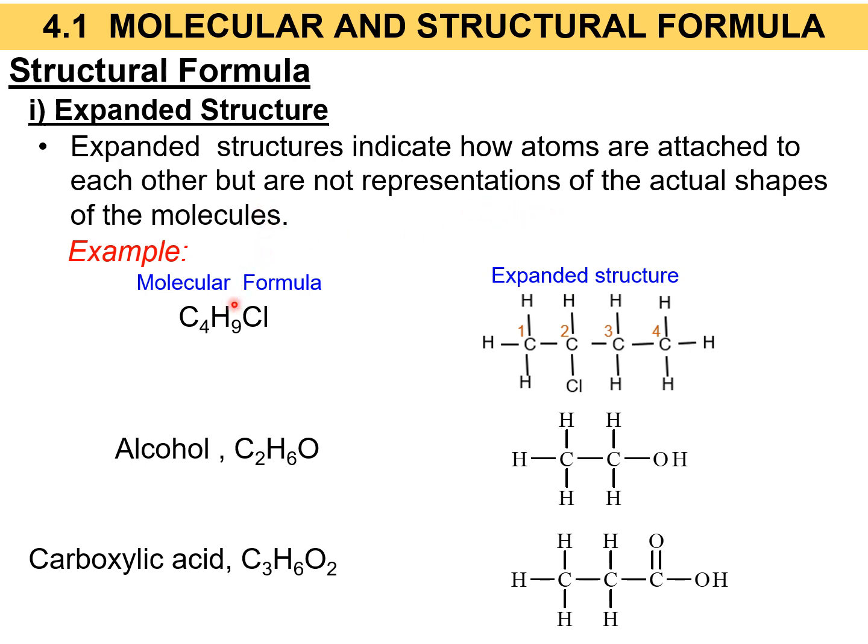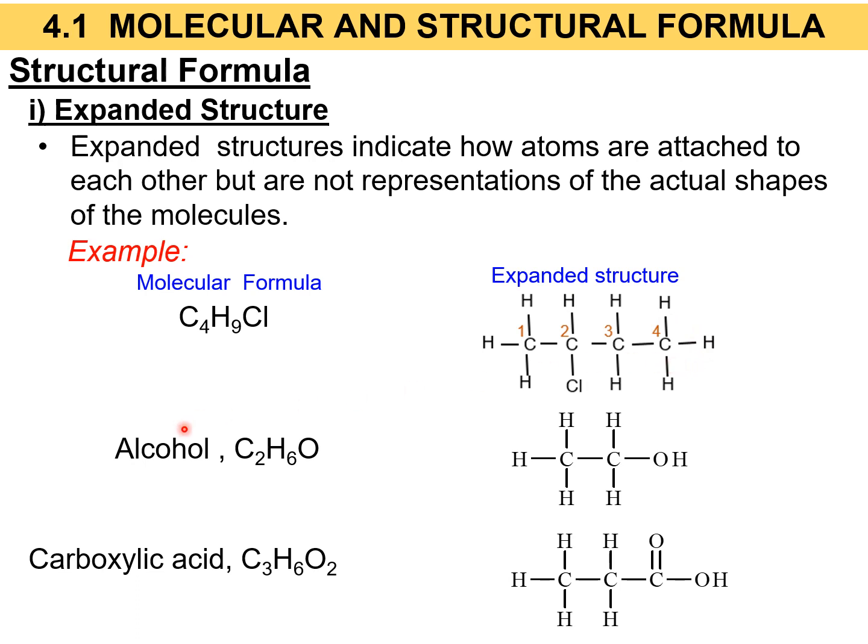For example, if you have molecular formula C4H9Cl, the expanded structure will look something like this, where we have 4 carbon atoms, and you know carbon can make 4 covalent bonds. So we assume everything is a single bond here because there are 9 hydrogens here, then 1 Cl. But since Cl is not mentioned at any position, you can put it anywhere.